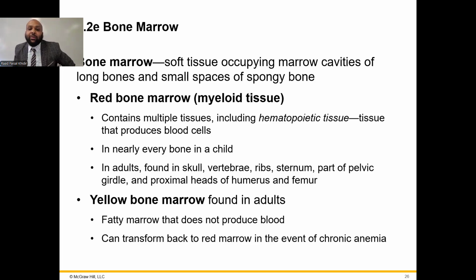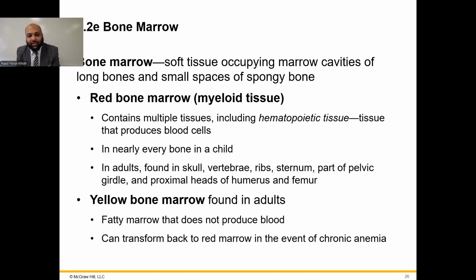So the bone marrow is a soft tissue occupying the marrow cavities of the long bones and small spaces of the spongy bone. There's red bone marrow, which is myeloid tissue. Red bone marrow is a myeloid tissue, involved in hematopoiesis, which produces blood cells. It is in nearly every bone in a child.